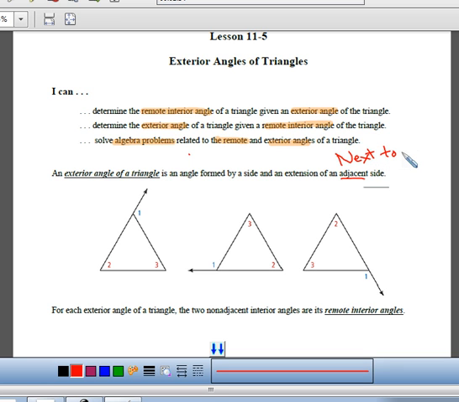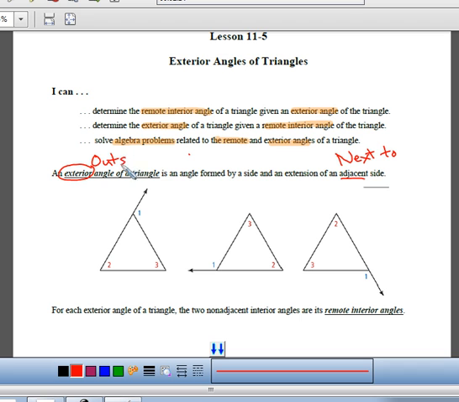So if I said two students are sitting adjacent to each other, that means they are next to each other, not across. And then the word exterior, you're already familiar with, means outside.